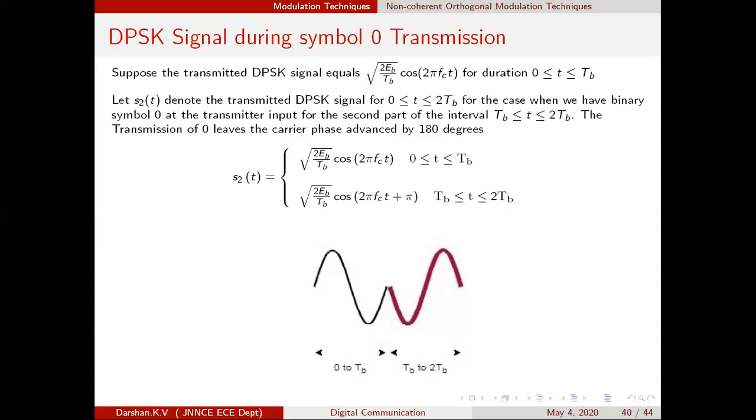But in DPSK, you have to work with two time intervals. The first interval, 0 to TB, refers to the initial phase. TB to 2TB is the duration of symbol transmission. Depending upon the initial phase, you vary the phase of the carrier. So this much you have studied in the previous class.